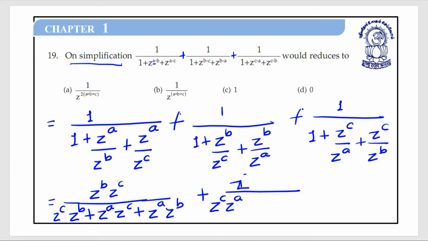Or here we can directly write z raised to c, z raised to a plus z raised to b into z raised to a plus z raised to b into z raised to c plus 1 upon.